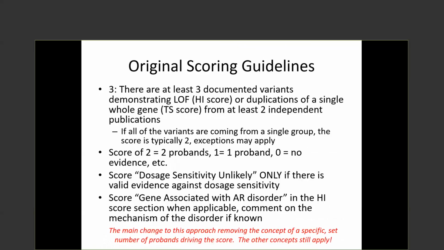Our original scoring guidelines were relatively simple. The score correlated to how many probands had been observed. So a 3 or more usually meant that there were 3 or more probands across at least 2 independent publications.